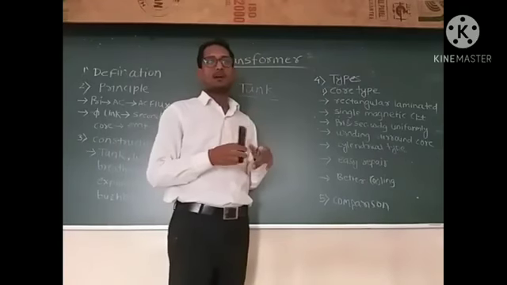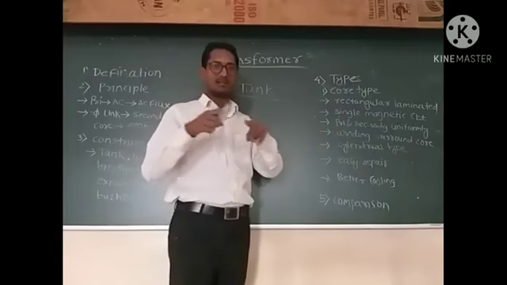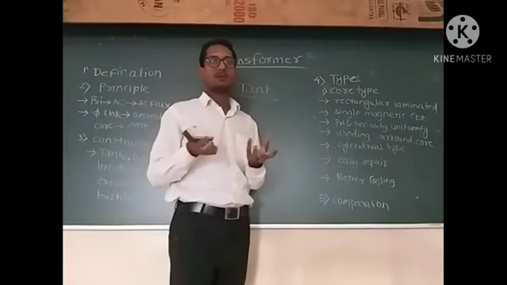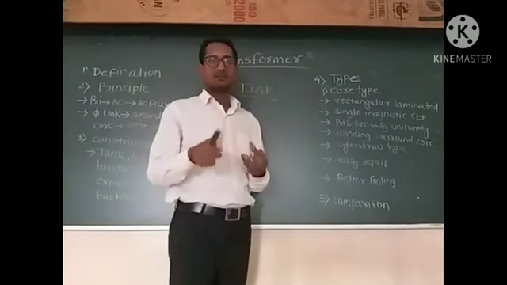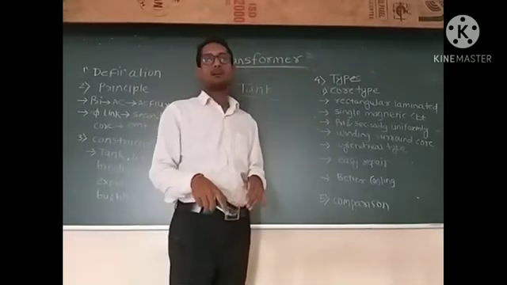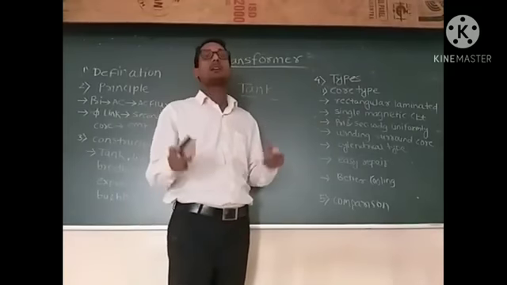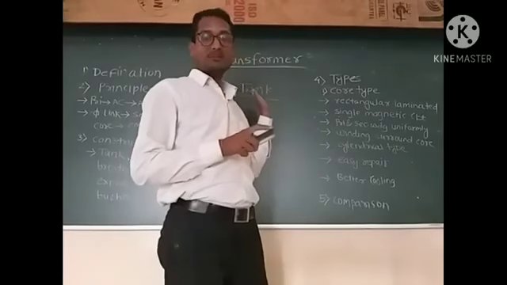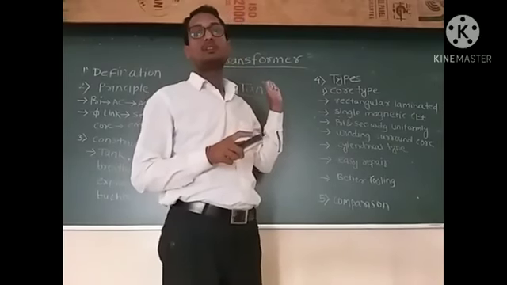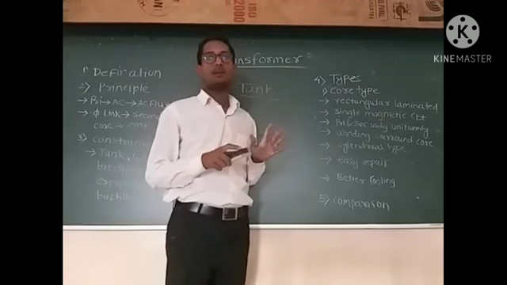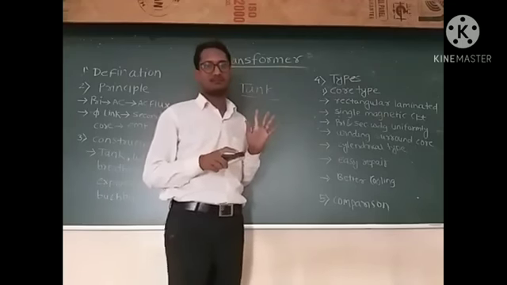The transformer tank is a cylindrical type of drum inside which we keep all the transformer assembly with transformer oil. This tank is made from sheet metal having low reluctance.